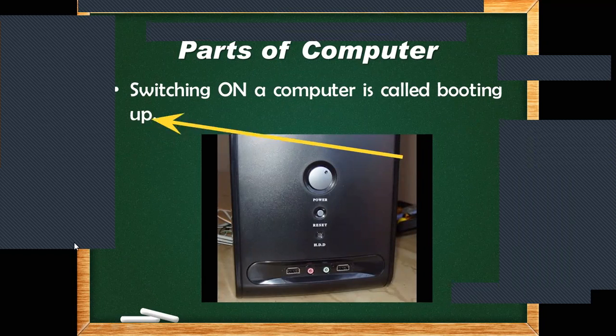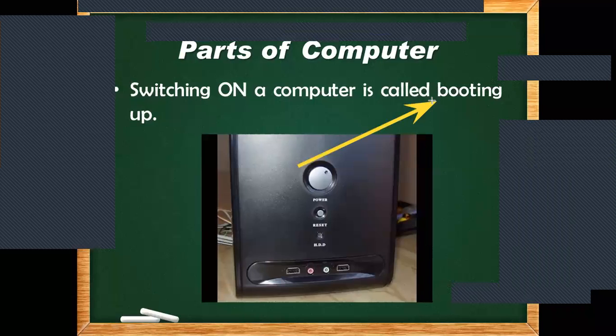So we saw three things. The first thing we saw is a power supply. The second thing we saw is a power button. The third thing is booting up. When you use the computer, you first switch on the power supply, then you have to press the power button.